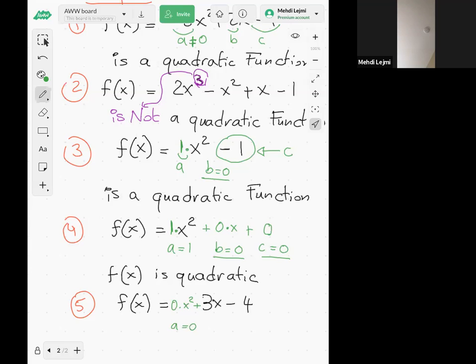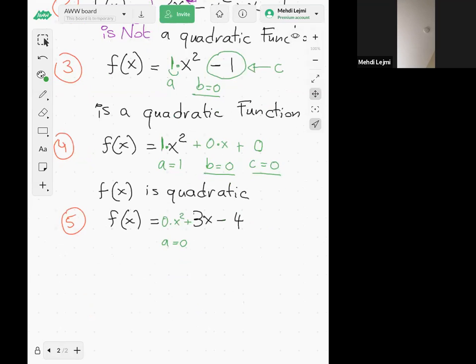This is actually not a quadratic function. This is a linear function. Because a is 0, f of x is not a quadratic function.